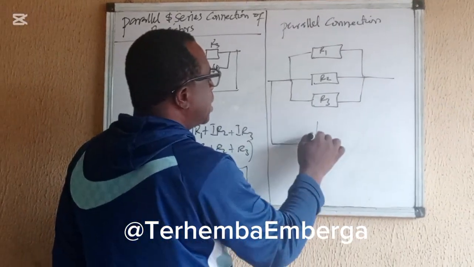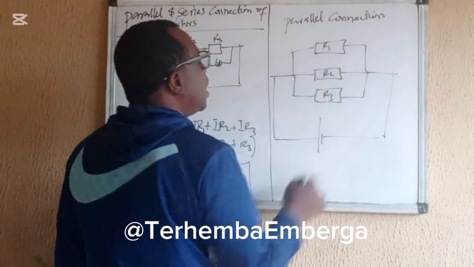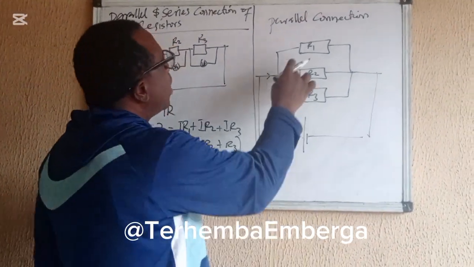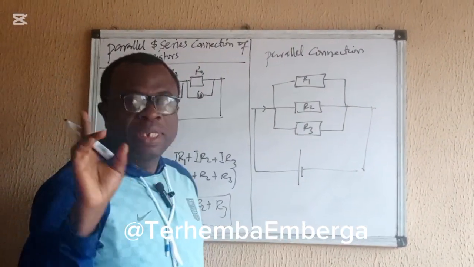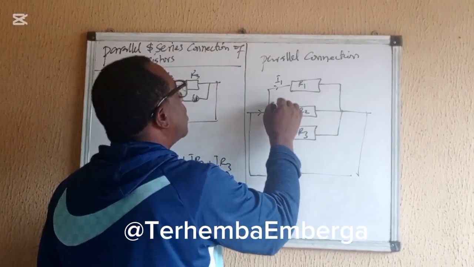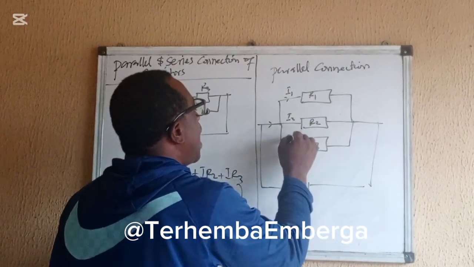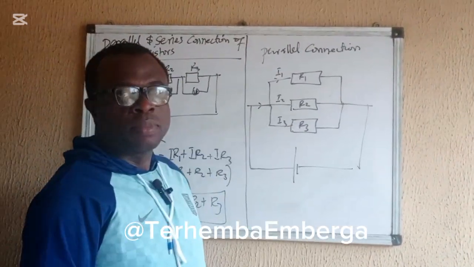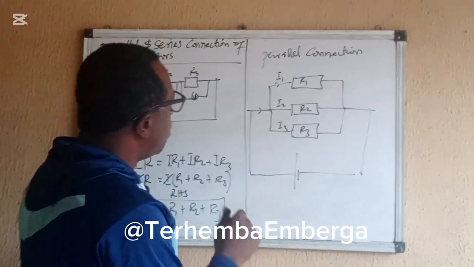So in this case, the current passing through the individual resistor is different. We have I1 at this point, I2, I3. But the potential difference is common.